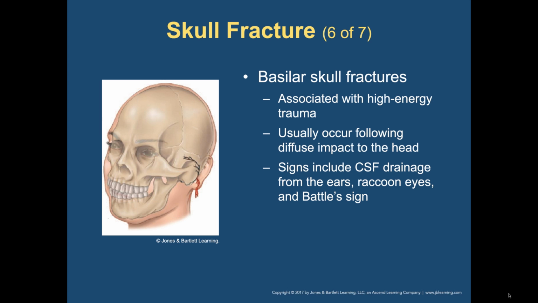It's naturally protected by the rest of the head. But depending on how they get hit, the trajectory of what hits them, they can fracture that cribriform plate. And that's actually the bone that we worry about putting our NPAs through. So when you're trying to put the NPA in somebody's nose, if you keep hitting resistance and you think that they've got that basilar skull fracture, that's the problem.